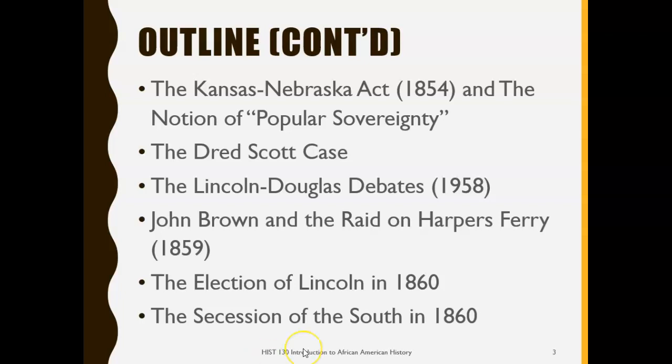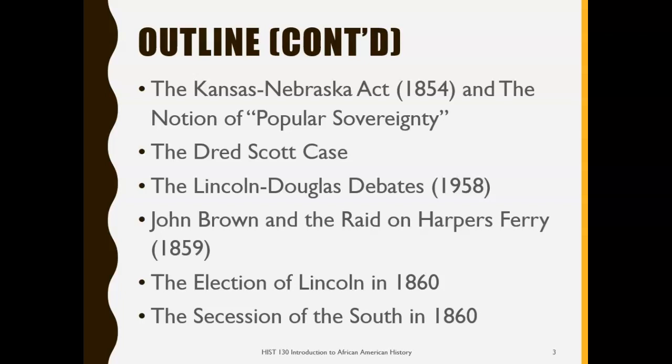Furthermore, we will talk about other underlying causes, including the Kansas-Nebraska Act of 1854, with the notion of popular sovereignty, the Dred Scott case, the Lincoln-Douglas debate of 1858, John Brown and the raid on Harper's Ferry, and finally, we will discuss the direct causes of a civil war, which really had to do with one man and one election.